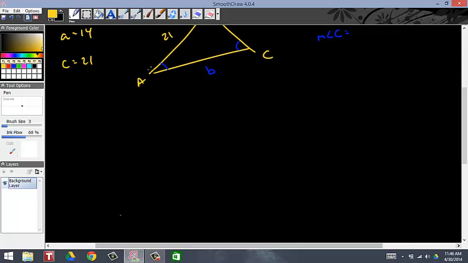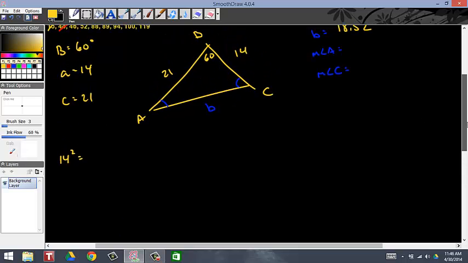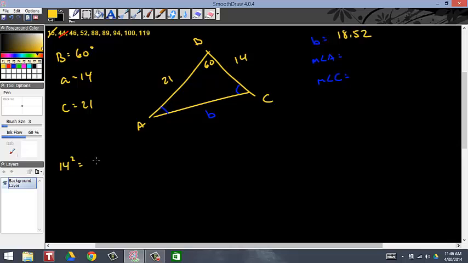So if I solve for, say, angle A, then it's going to be a squared. So it'll be 14 squared equals b squared plus c squared, so 18.52 squared plus c squared, which is 21 squared, minus 2bc cosine A. So 18.52 squared is 342.99.